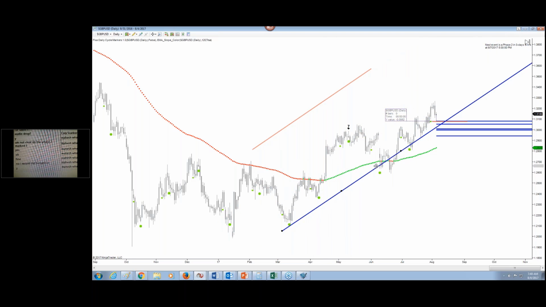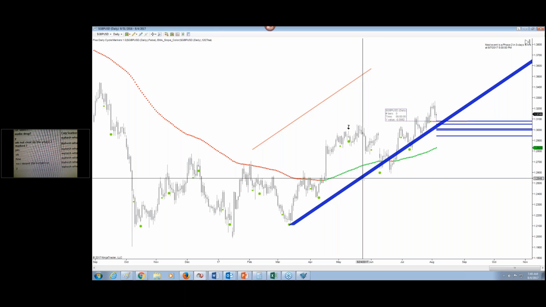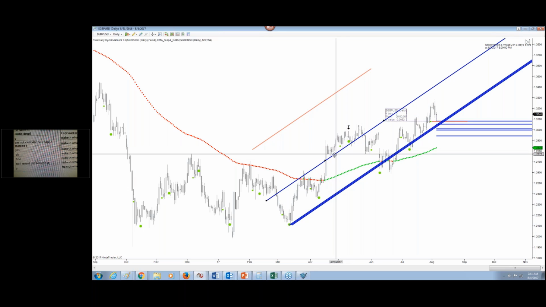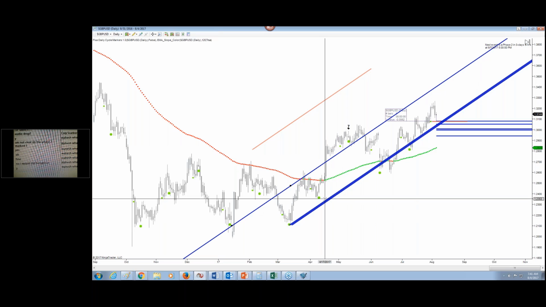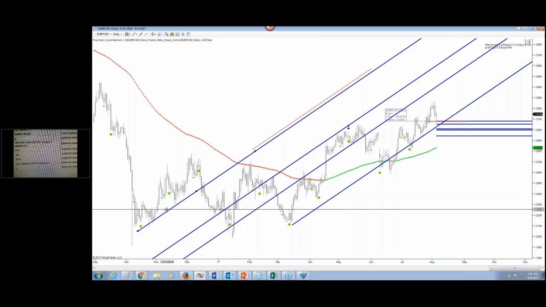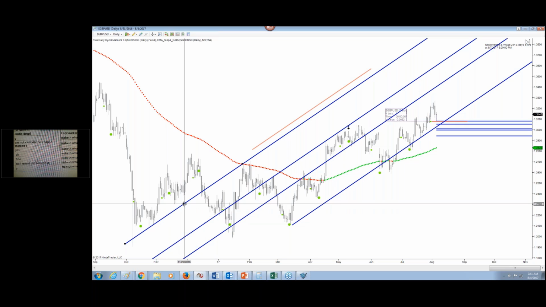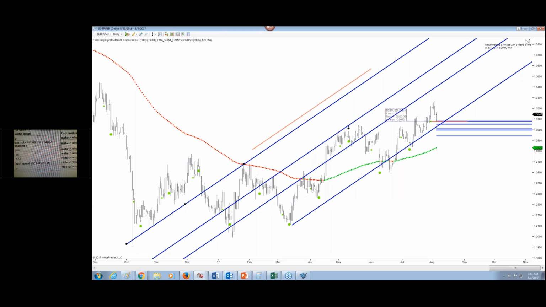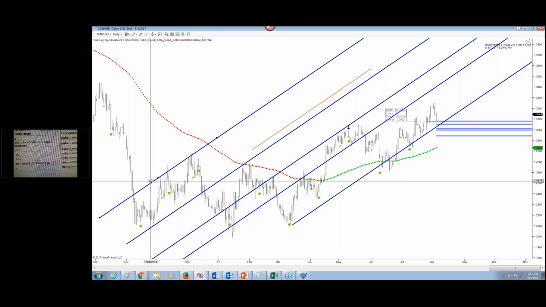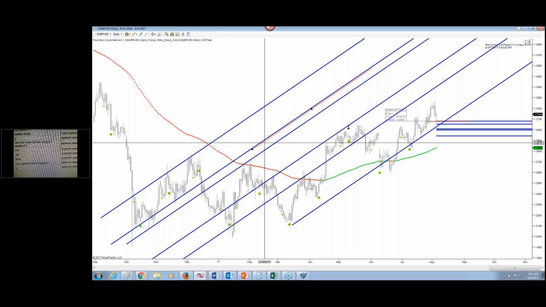So right here, and right there, and right here, and right here, right here, right there. Okay, so you see where I'm putting those blue lines.